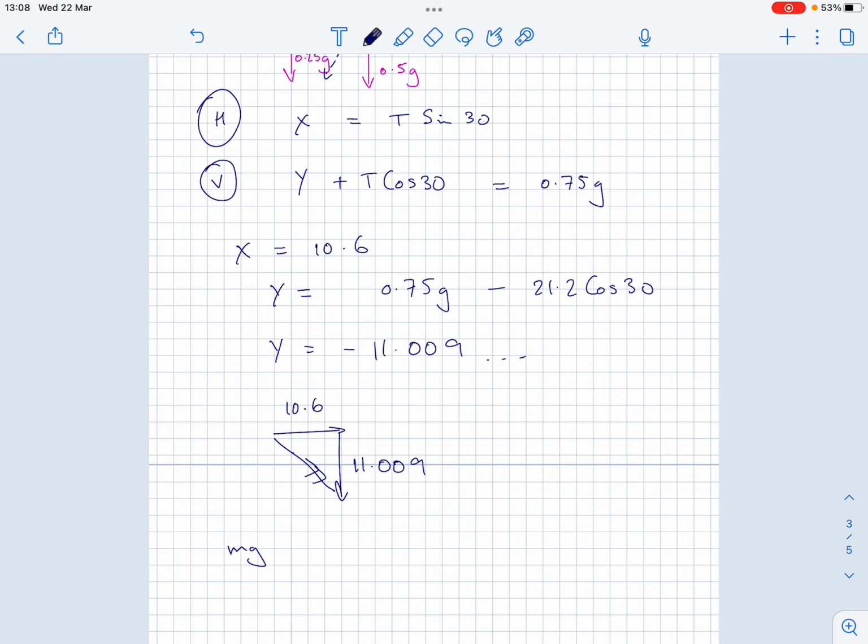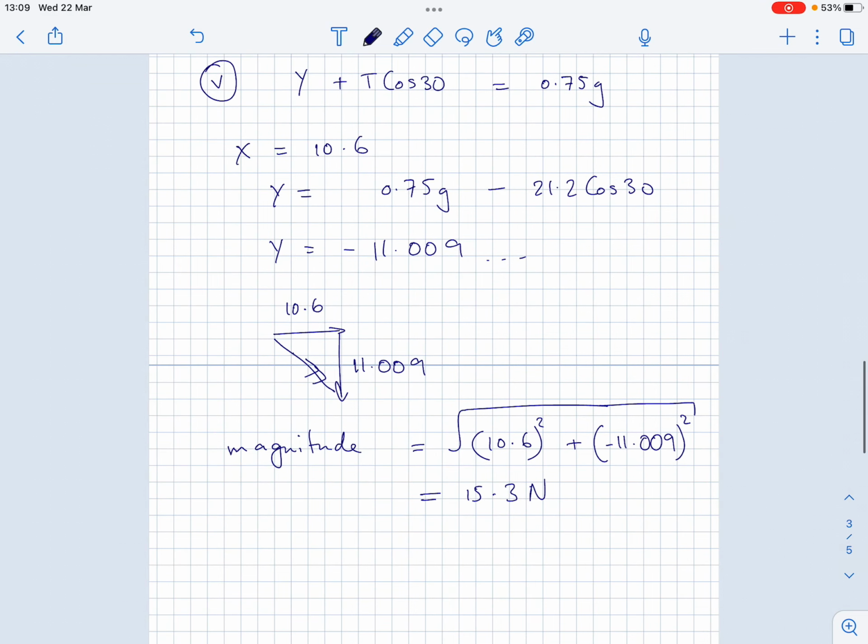So the magnitude is equal to that one squared plus the other squared. And when we do that, to 3 sig fig you get 15.3.